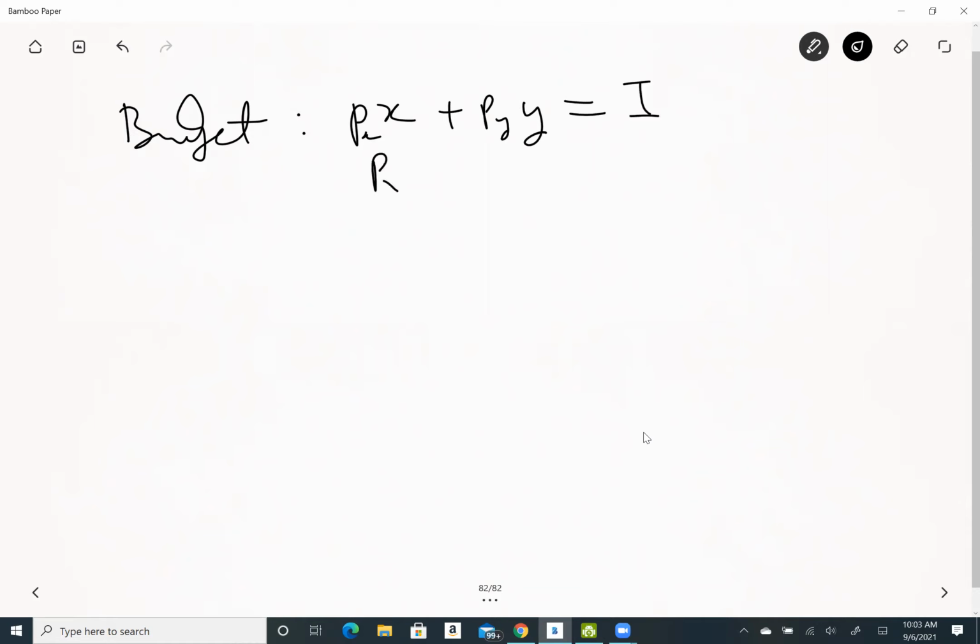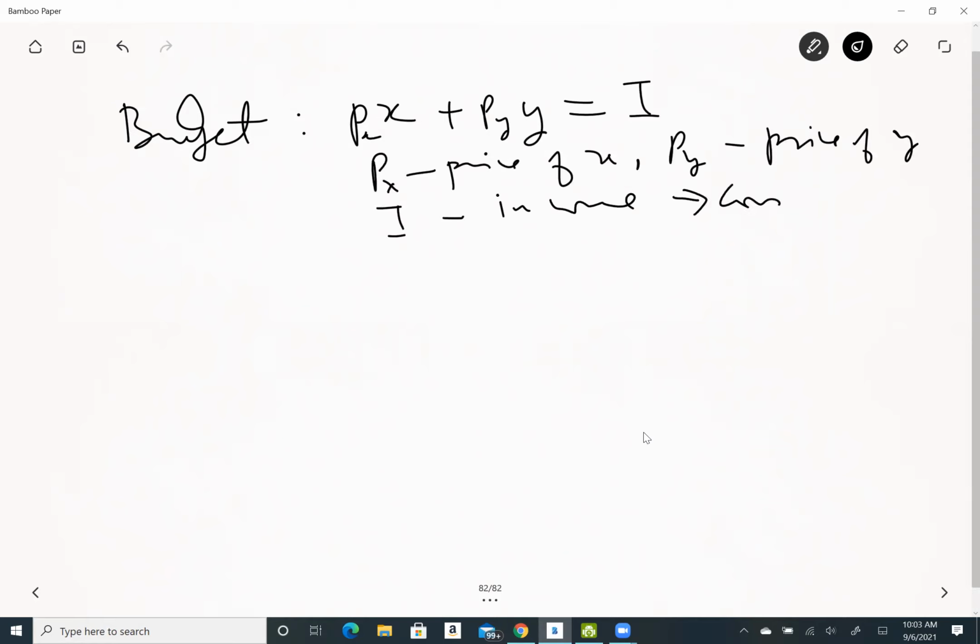Px is the price of x, and Py is the price of y, and then you have your income. These 3 are constants: Px, Py, and I. The only variables are x and y.